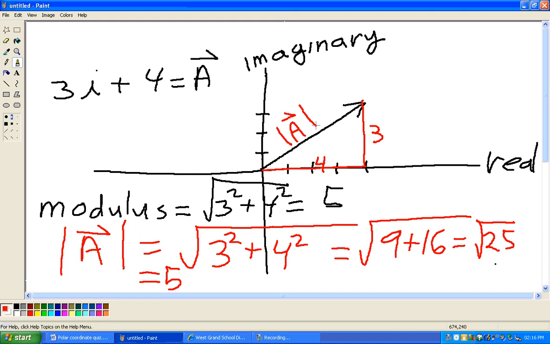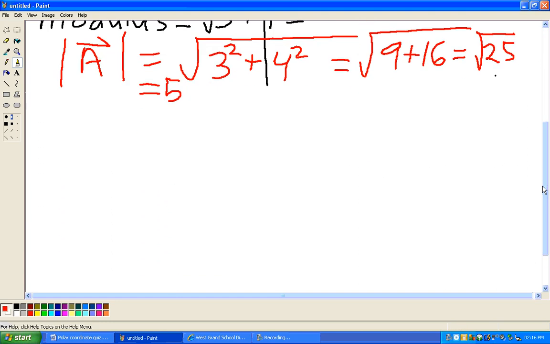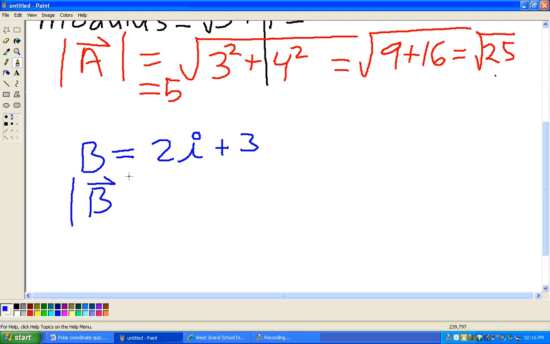So let's go ahead and do one like that. If I had something that was, say, 2i and a 3, then the modulus is going to be 2 squared and 3 squared.